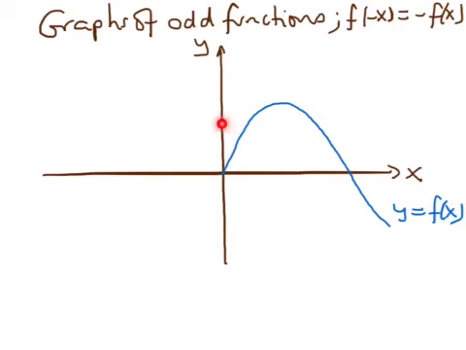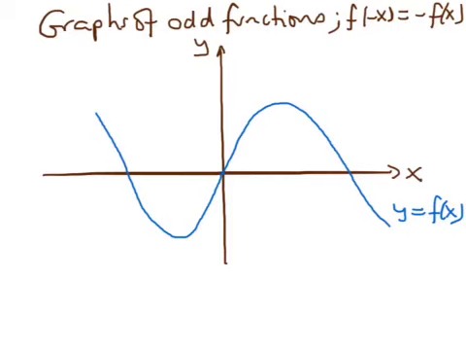So you take the curve, you mirror it about the y-axis, and you then multiply it by a minus sign, and that means you mirror it about the x-axis. So first mirror, second mirror. And that's going to give us a graph that looks something like this.